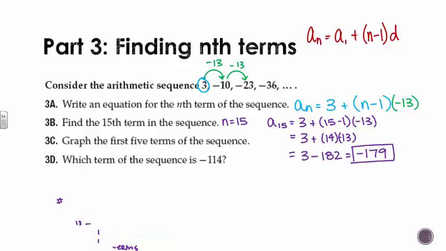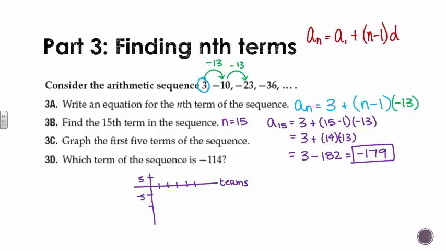Oh, we gotta change this because it's negative. One, 2, 3, 4, 5. So these are terms. Actually, I'm going to count by 5s.